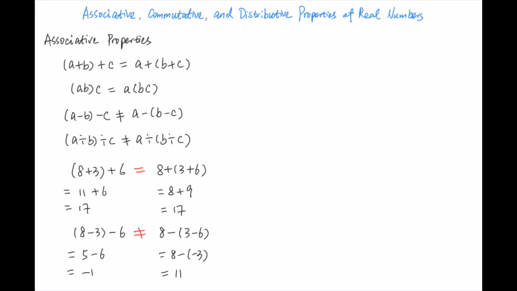We know that subtracting a number is identical to adding the opposite of this number. So this expression right here can actually be written as an expression of addition of three real numbers.